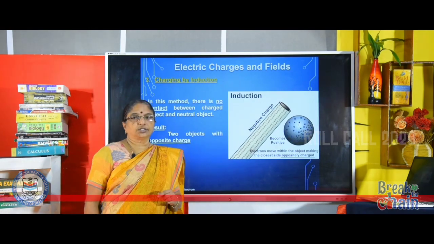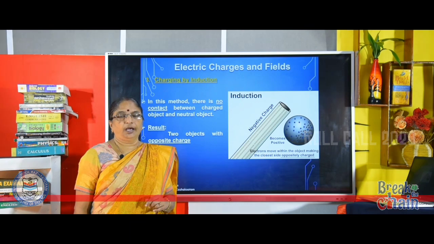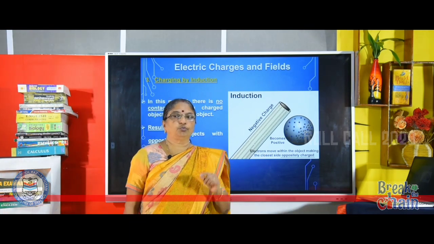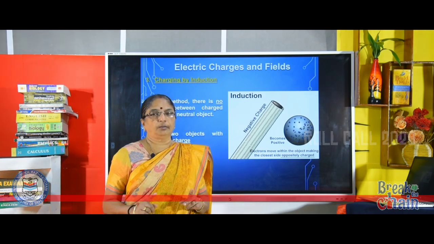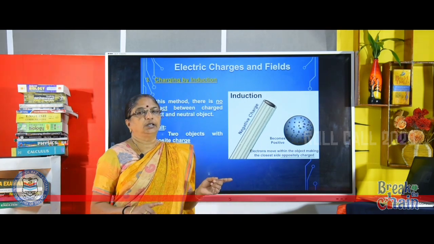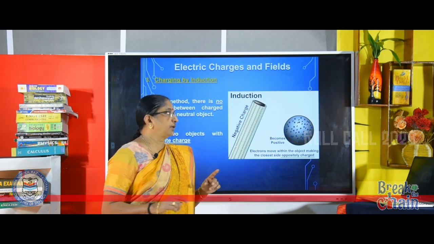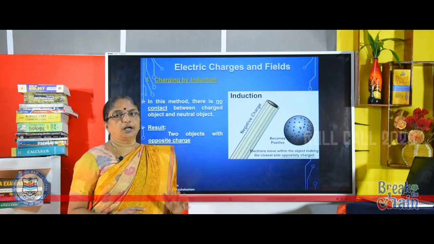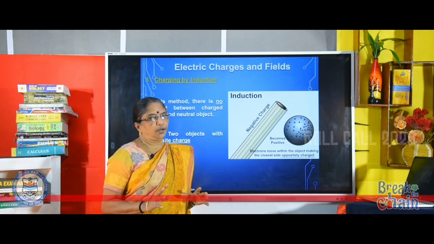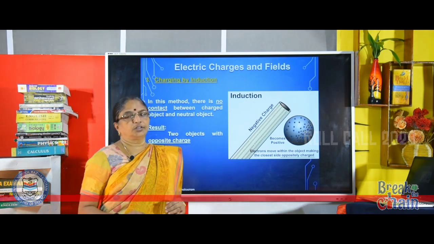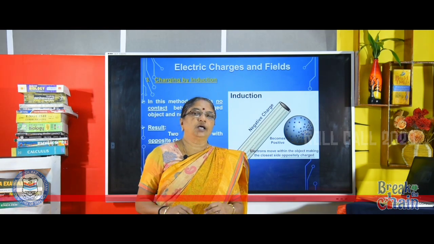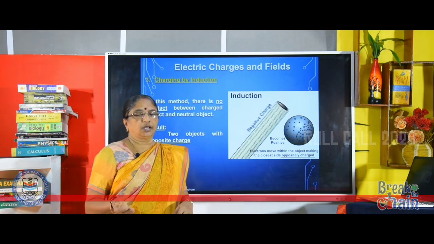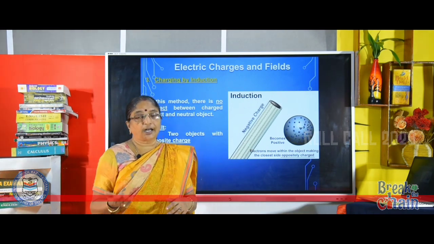The next method is called charging by induction. In induction, as you can see, the material to be charged is not made to contact the body used to charge. For example, an ebonite rod rubbed with this flannel is kept near a neutral sphere, and the nearer end of the sphere becomes positively charged due to the repulsion of electrons away from that end, and those electrons get accumulated at the other end.